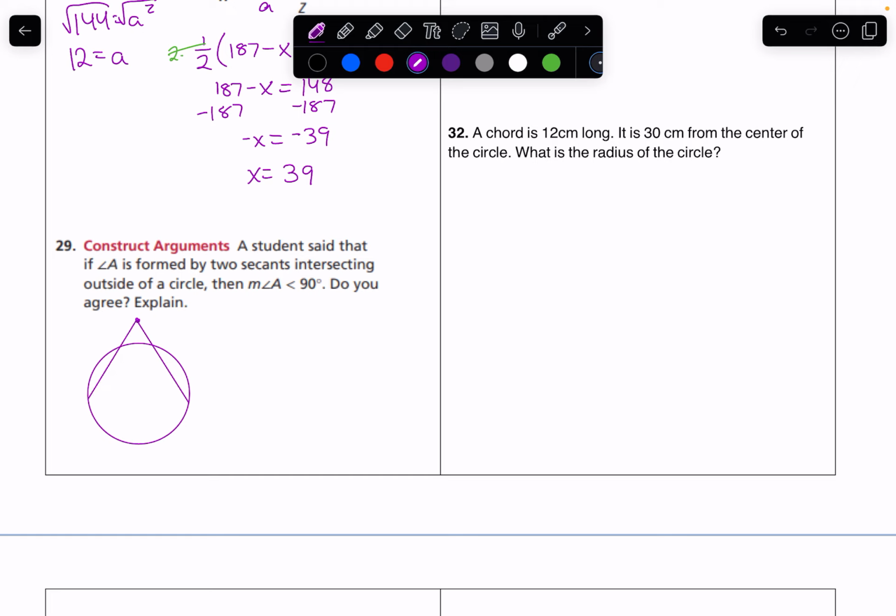Oh, then the measure of A is not equal, it's less than 90. So the student is saying that this measure has to be less than 90. And if we're having that be less than 90, that means that this outer arc minus the inner arc divided by 2 is less than 180 degrees.